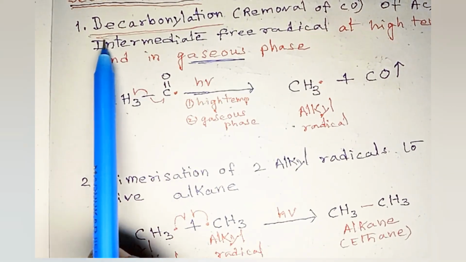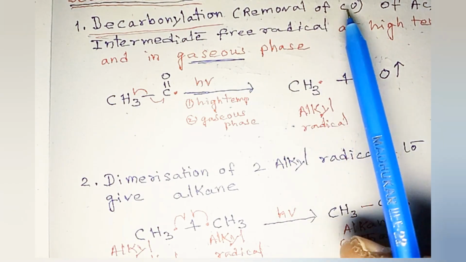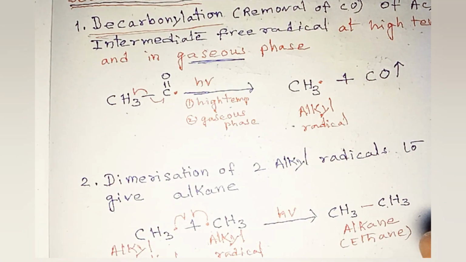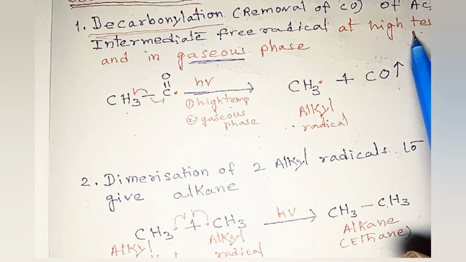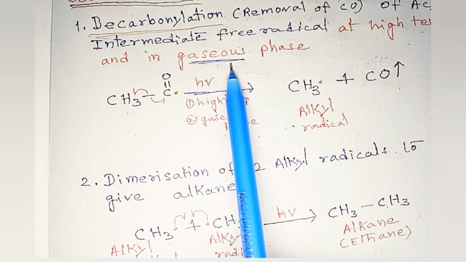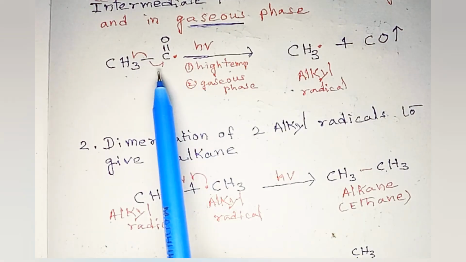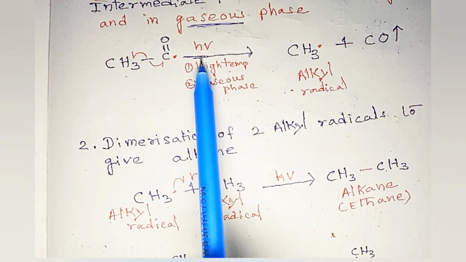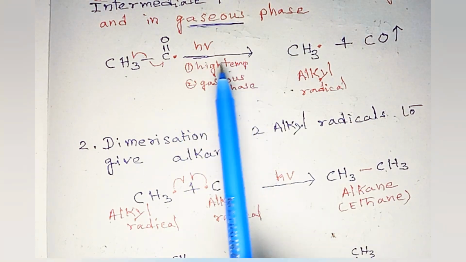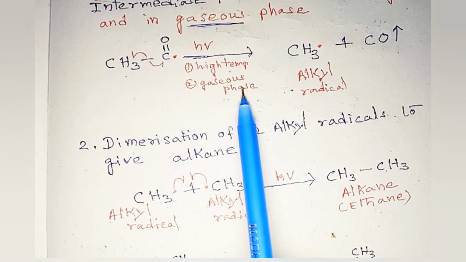First, decarbonylation, removal of carbon monoxide from the acyl intermediate free radical. This occurs at high temperature and in the gaseous phase. CH3 C double bond O in presence of UV light at high temperature and in gaseous phase.